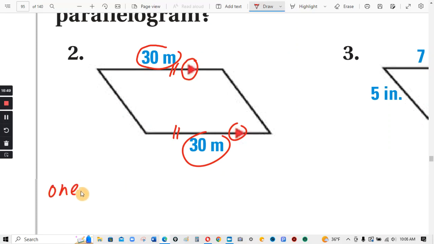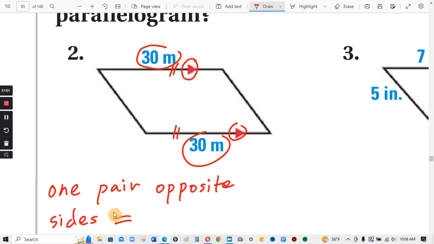So what we have is one pair of opposite sides congruent and parallel. One pair of opposite sides are both congruent and parallel.